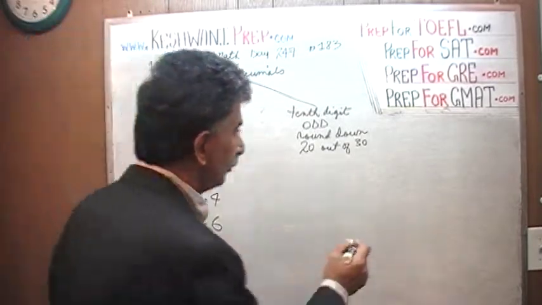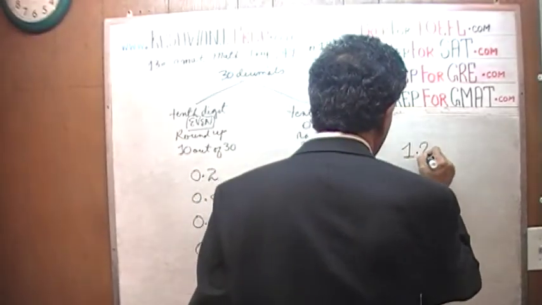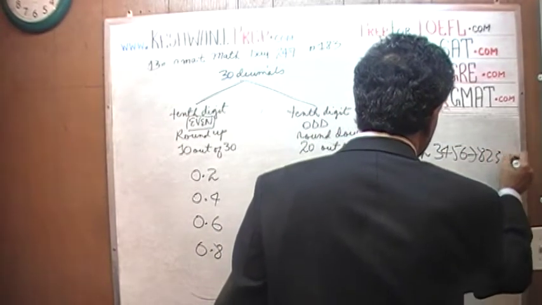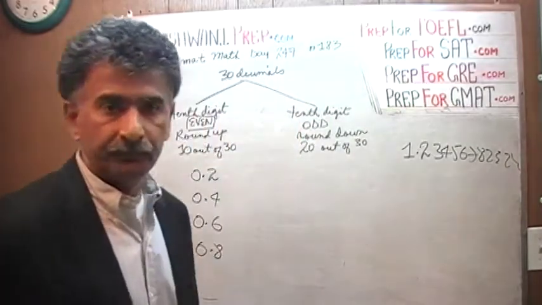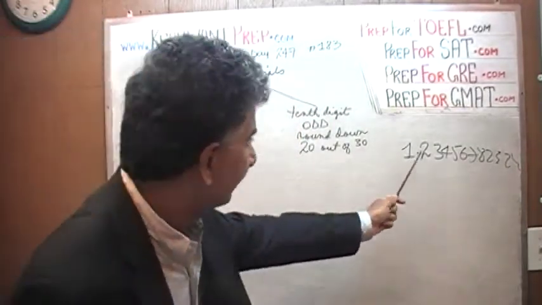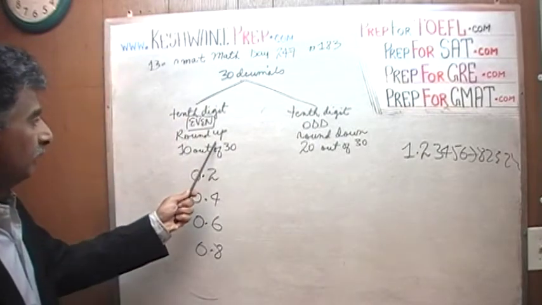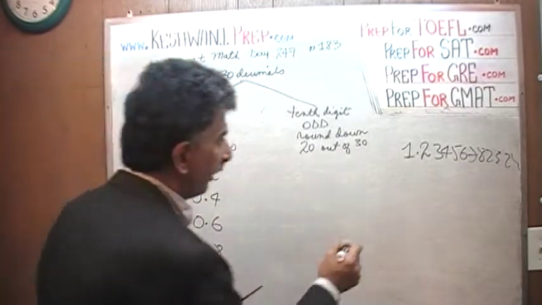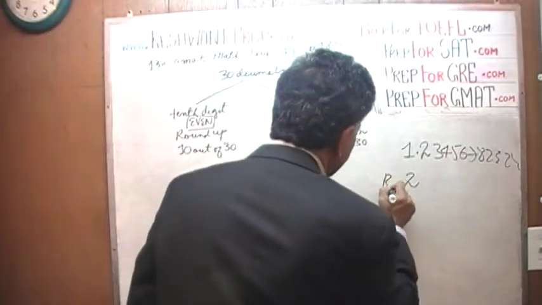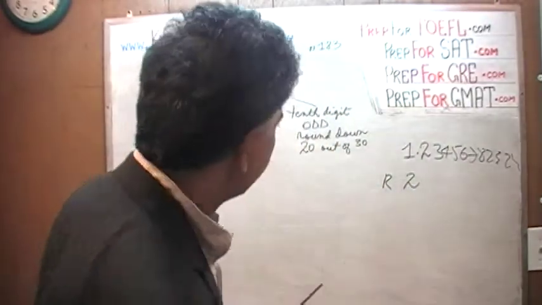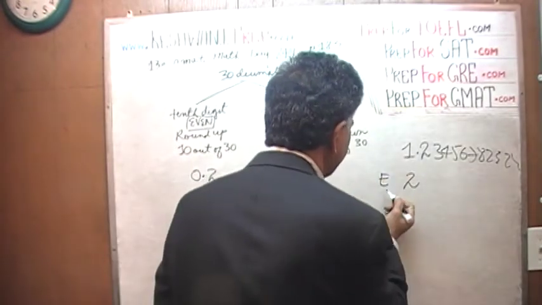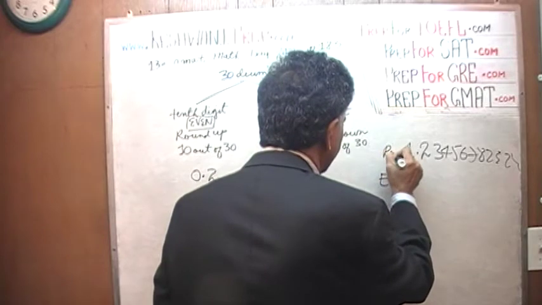For example, you may have a number like 1.23456782397. And when we find something like this with the 10th digit that is even, we're going to round it up to the nearest integer. So this will be rounded to 2. And this is the rounded number, what they're calling the estimate. This is the estimate, and this is the real number.